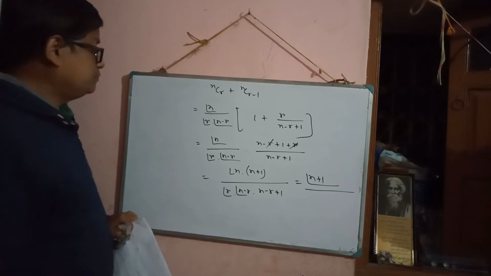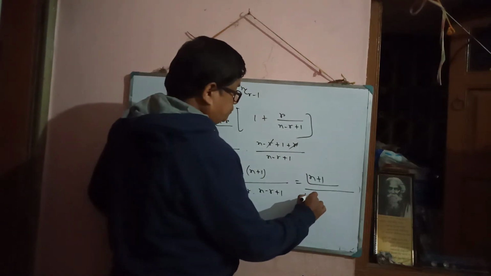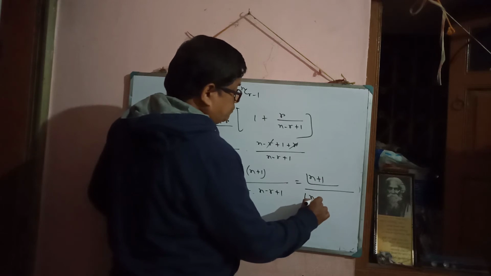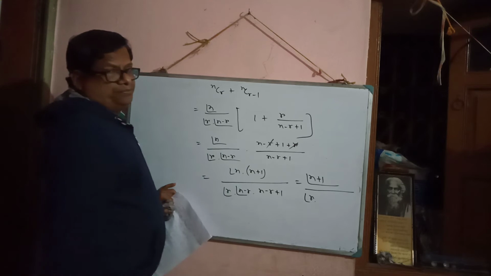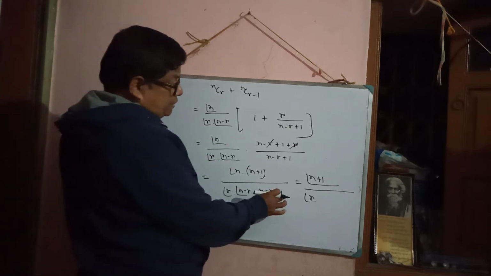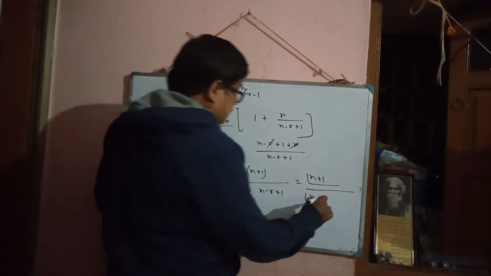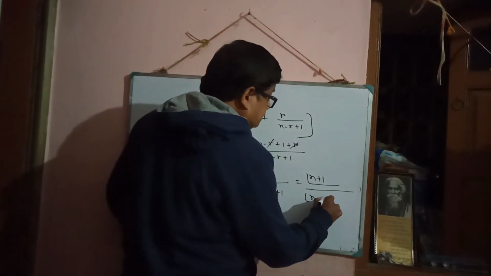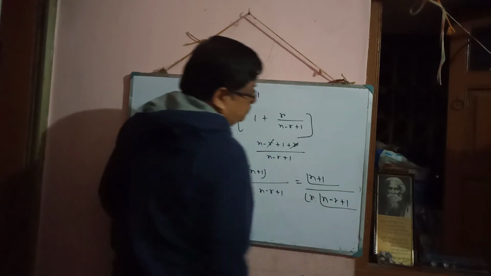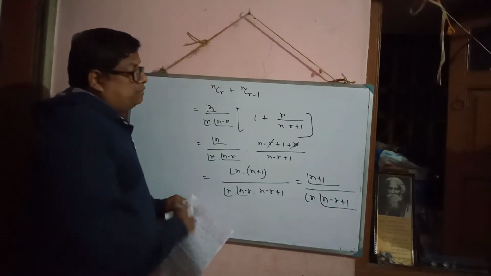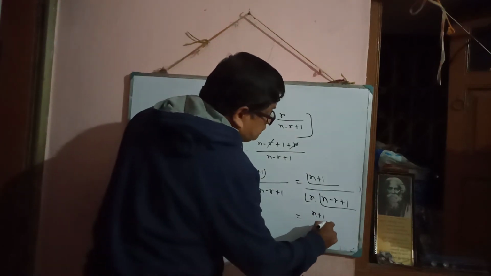Now n plus 1 into n factorial means we can write (n plus 1) factorial by r factorial into (n minus r plus 1) into (n minus r) factorial, so (n minus r plus 1) factorial. So you can write here, this means n plus 1 CR, no?